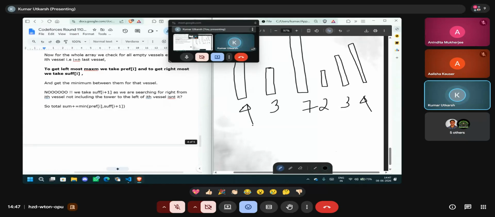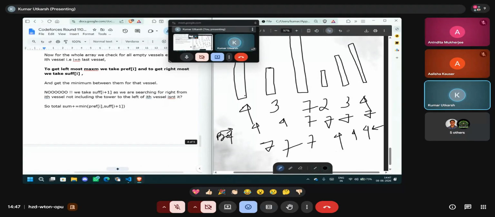If we go from the left, that is the prefix array, it will be 4, then again 4, then 7, then again 7, then 7, and again 7, right? And if we go this way, it will be 4, 4, 4, 7, 7, 7.